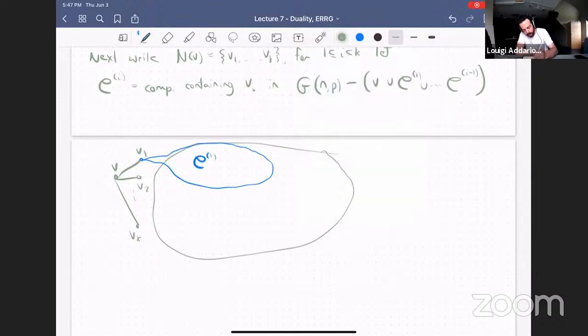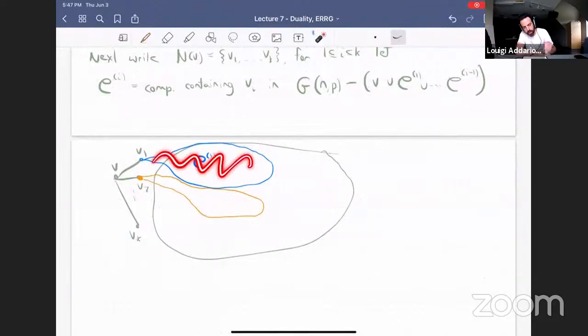And then c2 is the component containing v2 over here. So we're not allowed to use any of this component. So each of these, you figure out what the component is, you take it away, and then you look at the connected component in whatever's left for the next vertex.